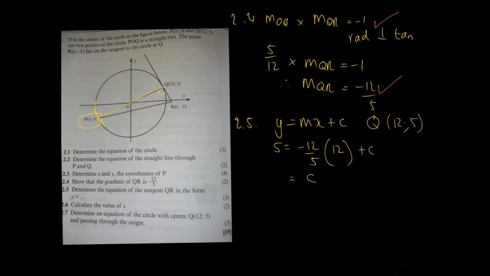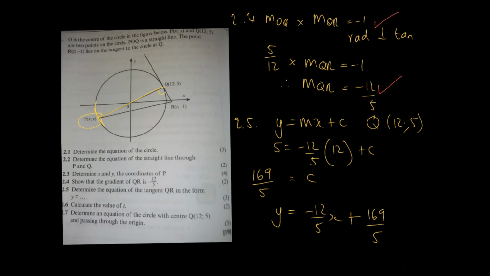So therefore, if we wanted to solve for c, we would have to multiply negative 12 with 12 over 5 and then add that to the other side. And I get a value of 169 over 5, which is a rather strange value, but anyway, y is equal to negative 12 over 5x plus 169 over 5.